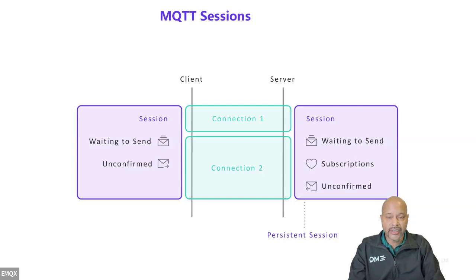In this session, we have 2 different connections established between the client and server, and the client can reuse this session if it's persistent. So if there is a disconnect from the client or from the server, it can rejoin that session.